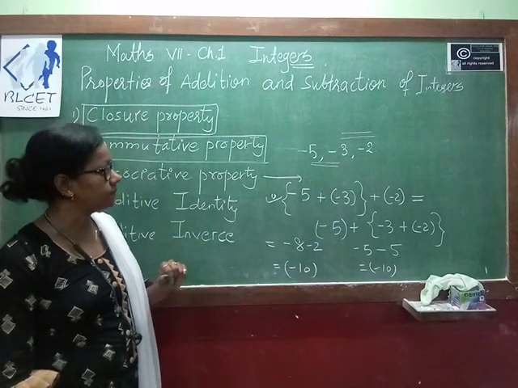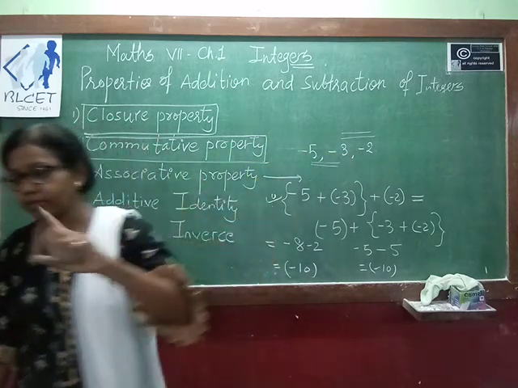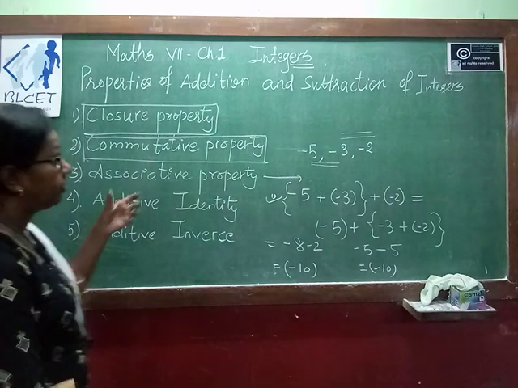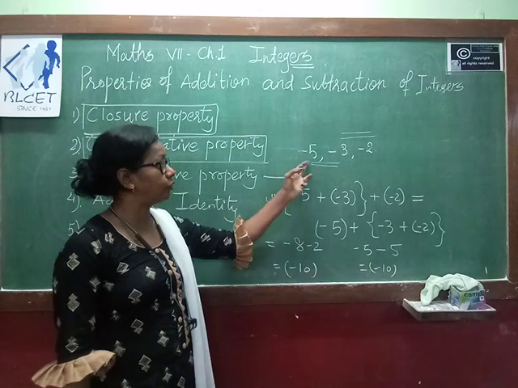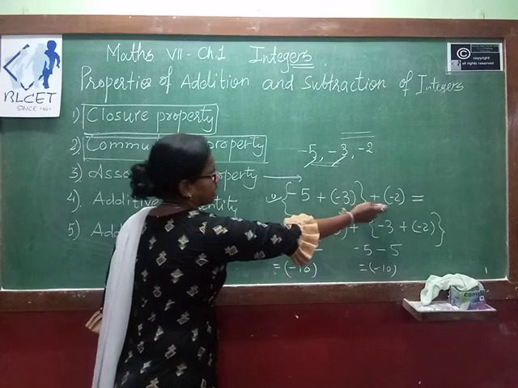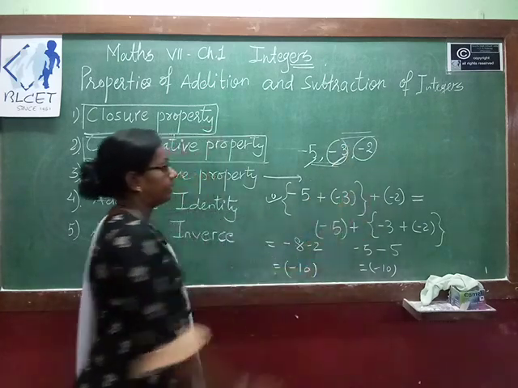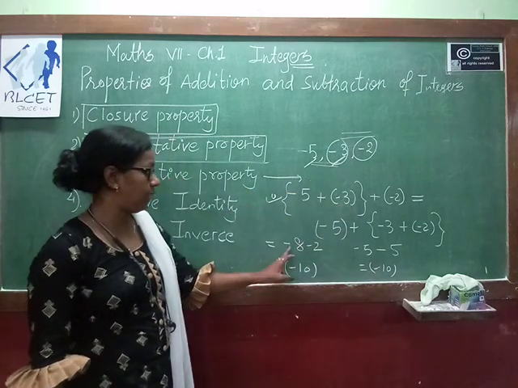Again I am repeating. If you have 3 integers, minus 5, minus 3 and minus 2, we have to do the addition, but for addition we make groups of 2 numbers. First I group these 2 numbers and plus minus 2 remains as it is. First I do this addition: minus 5 minus 3 gives minus 8.